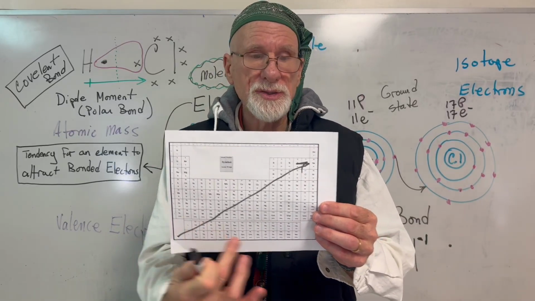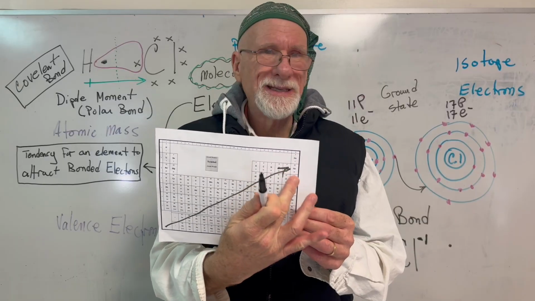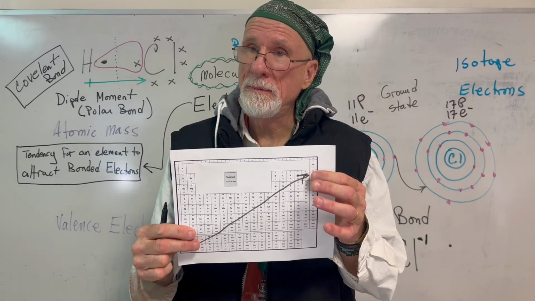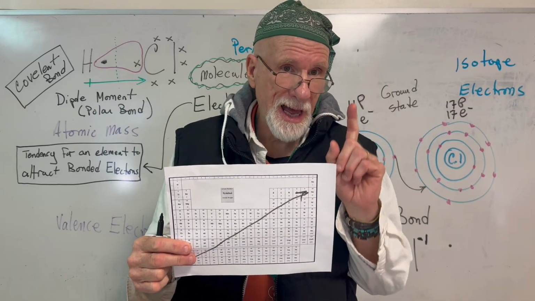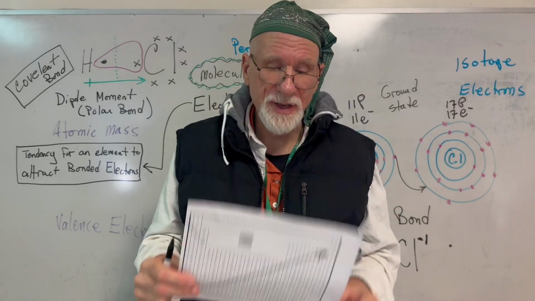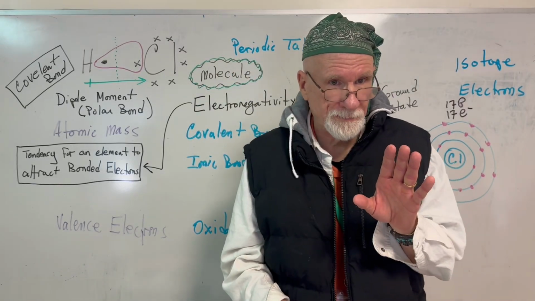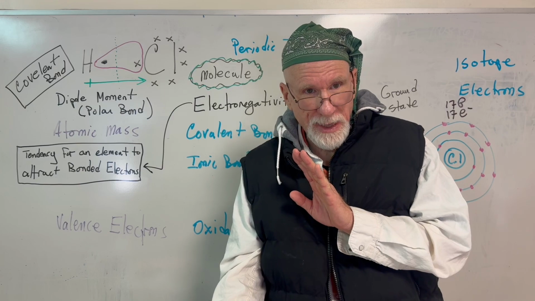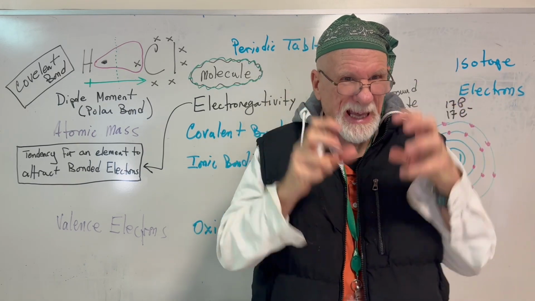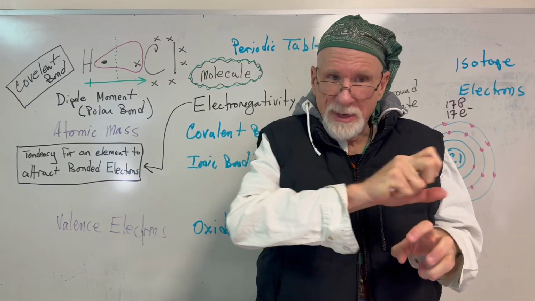These are the lowest, these are the highest. It doesn't include the noble gases, but fluorine has the highest electronegativity. Clear?